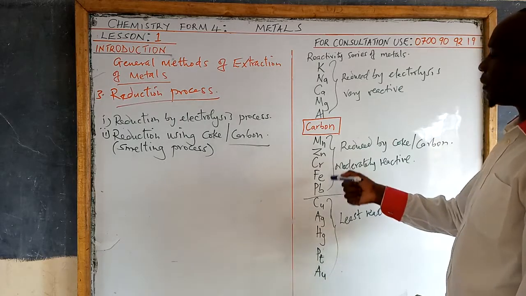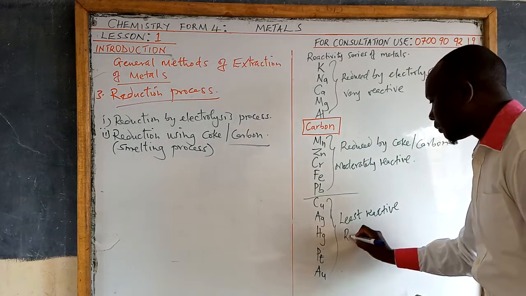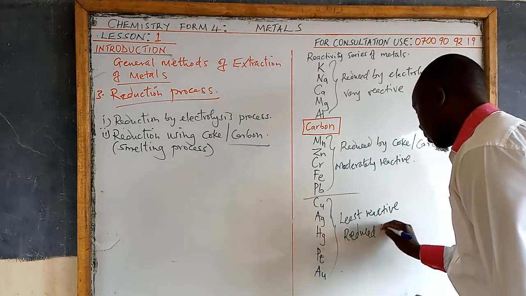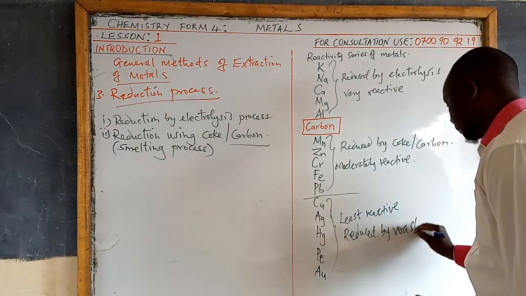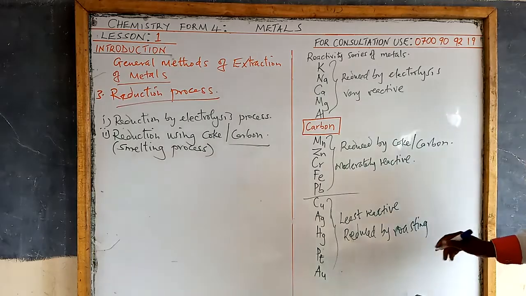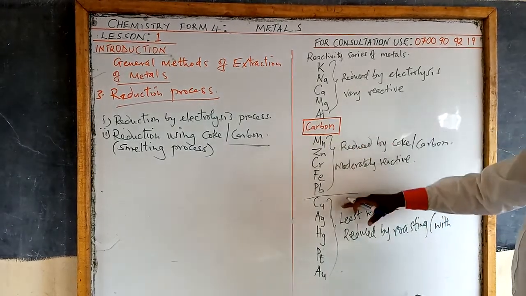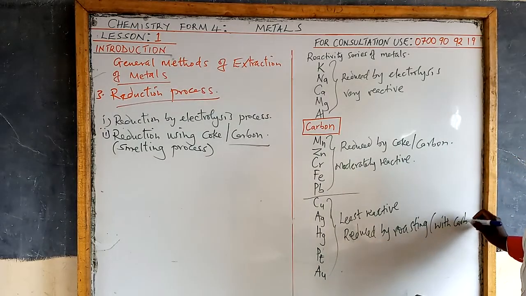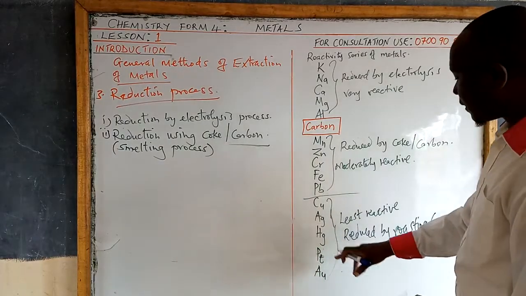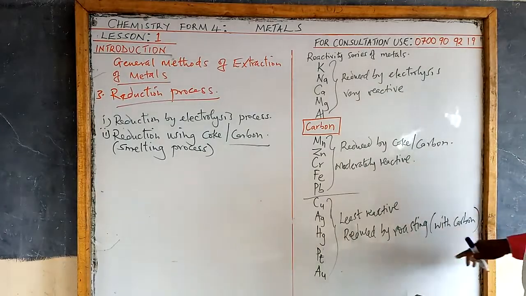You can just roast them with a more reactive element and or carbon. If you roast them, particularly with carbon, you can see carbon is much above them, so carbon will take away the oxygen. They are mostly found as oxides, so that is how they will be reduced.